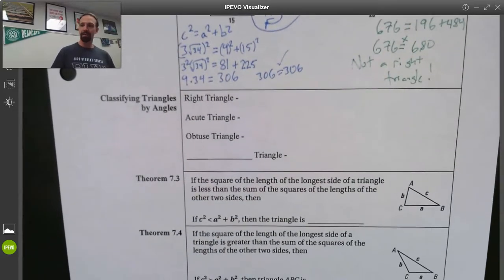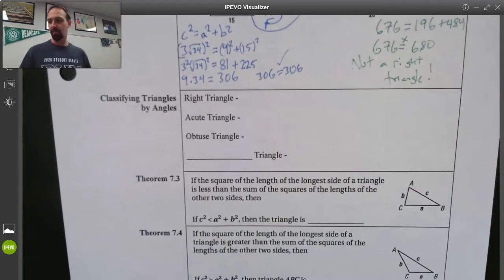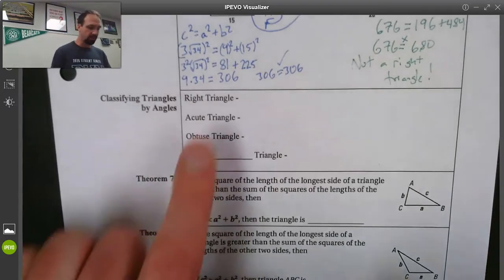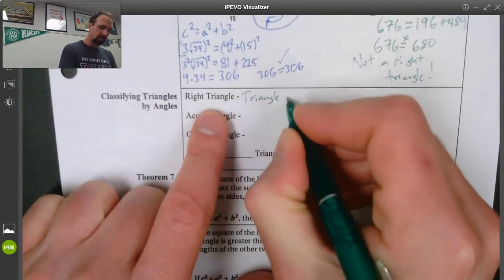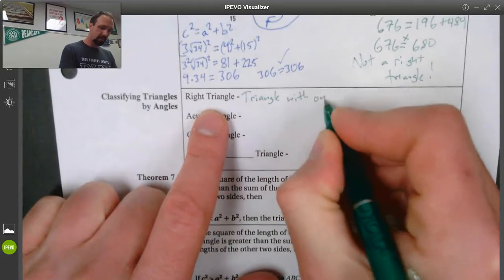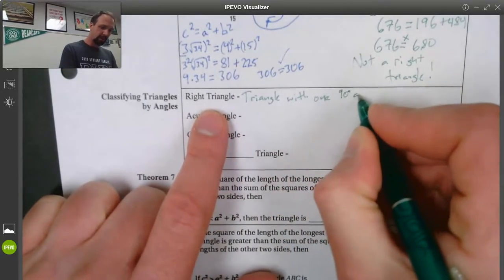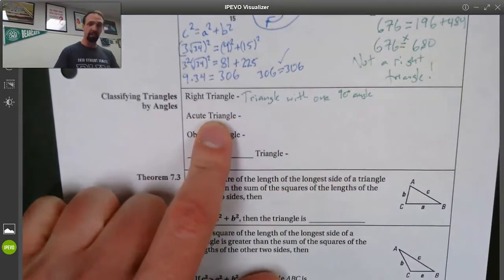We can classify a triangle by its angles. Remember that a right triangle is a triangle with a 90-degree angle. Triangle with one 90-degree angle. We have an acute triangle.